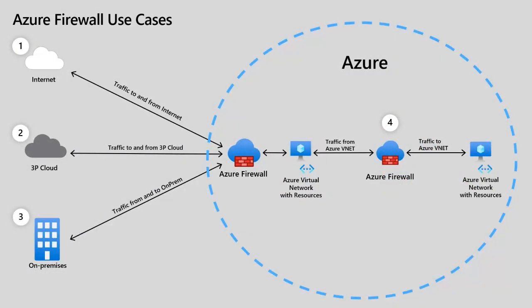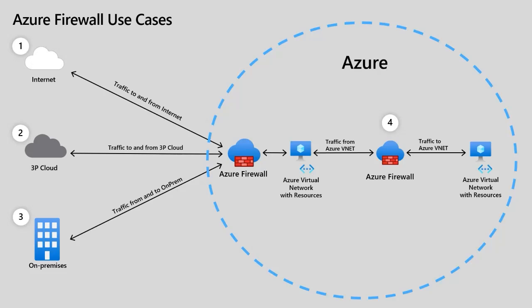This is just a diagram really showing how to implement the Azure Firewall, like a topology. So you could have your Azure Firewall in a hub VNet. Let's say, for example, we have a hybrid network where we have our on-premises network connecting to Azure via VPN tunnel or even ExpressRoute connection.